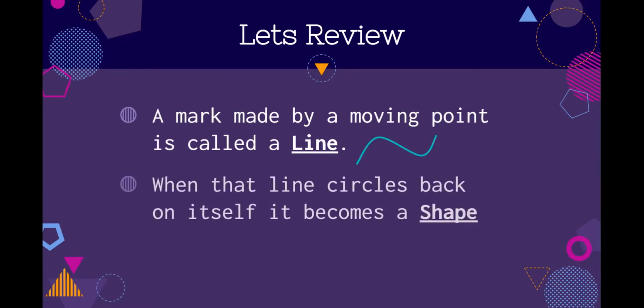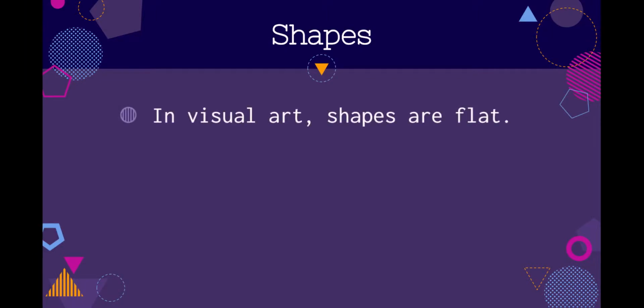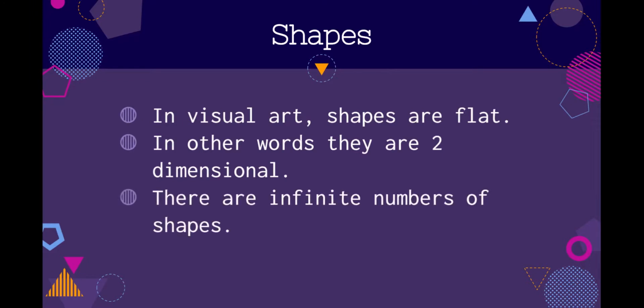And now we want to look at when that line circles back on itself, it becomes a shape. Shapes are flat. They are two-dimensional or 2D. And there are an infinite number of shapes.